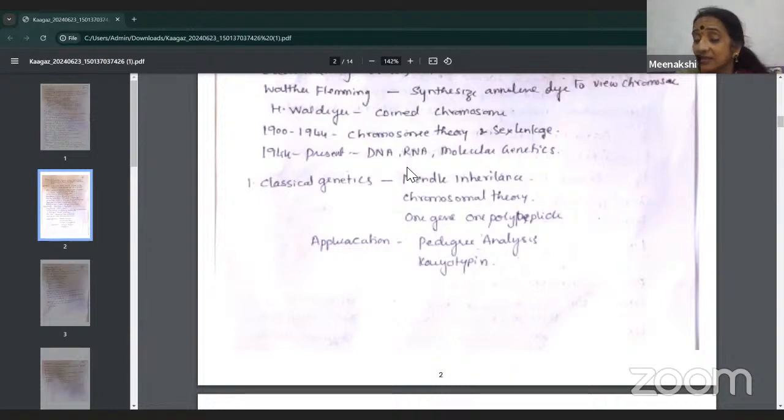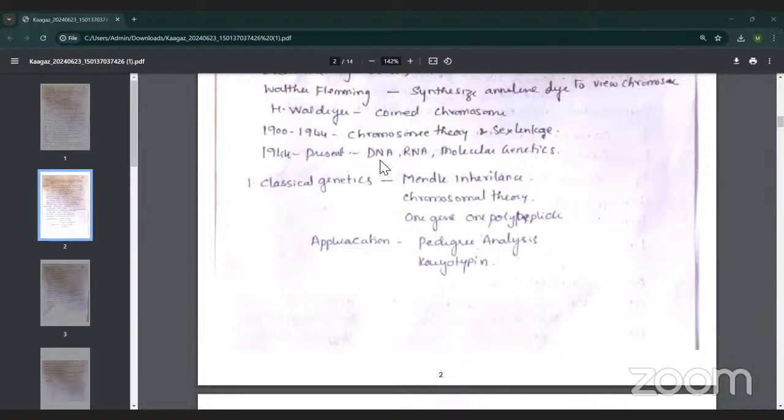Karyotyping is a phenomenon where we identify the chromosomes by arranging them in sequence order, and then identify whether there is any genetic disorder, to find out if there is any extra chromosome or a lack of a chromosome. All that we are able to get through it. So by doing karyotyping, we'll be able to understand.